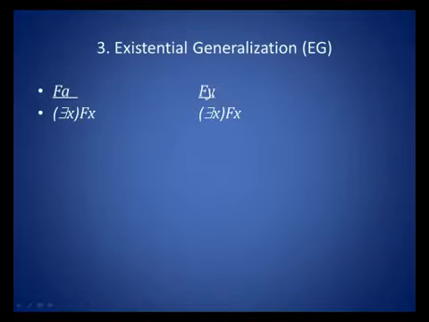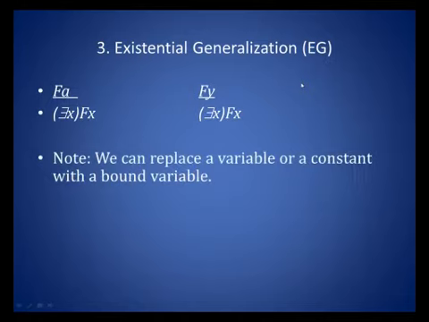Same thing here. I have Fy. I can add an existential quantifier and then change my variable to match whatever the variable is in my existential quantifier. So note, we can replace a variable or a constant with a bound variable when we're using existential generalization.